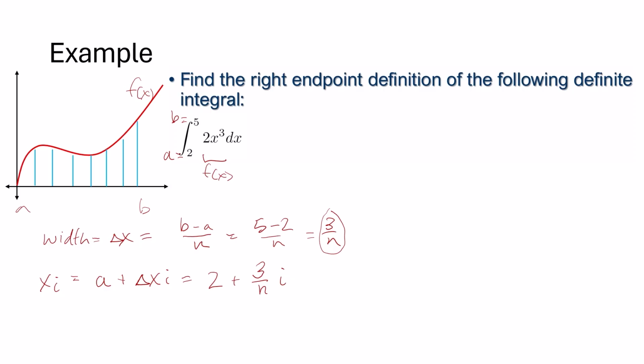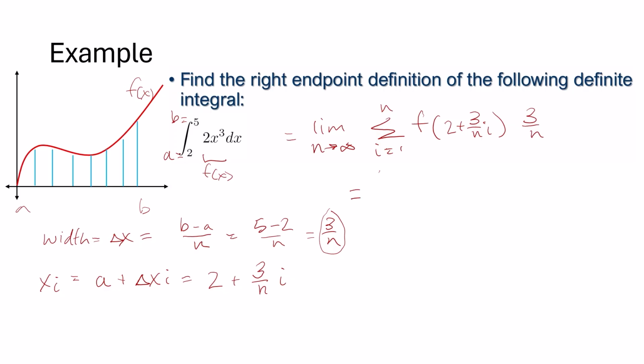Now we can begin to set up the right endpoint Riemann sum and say that the definite integral is equal to the limit as n approaches infinity of the sum from i equals 1 to n of f of x i. f of 2 plus 3 divided by n times i times delta x, which is 3 divided by n. Well, we know the function is 2x cubed.